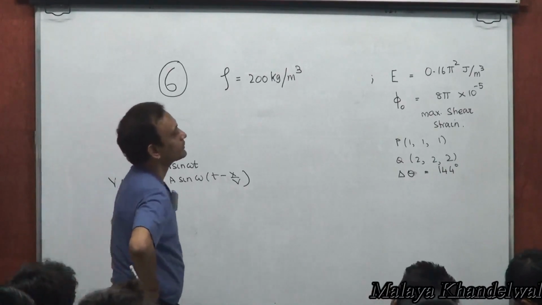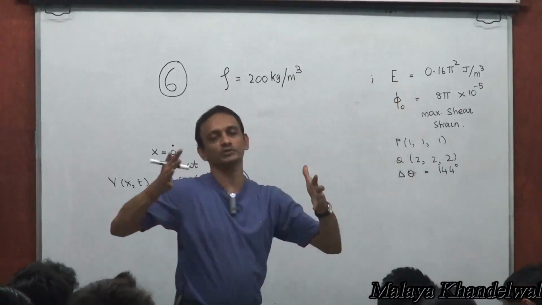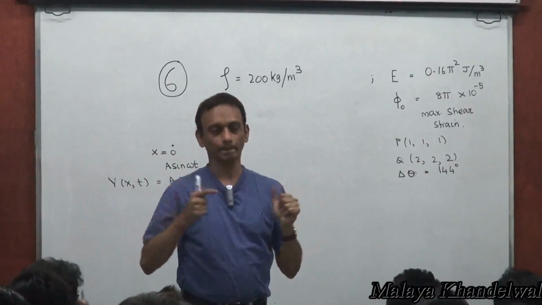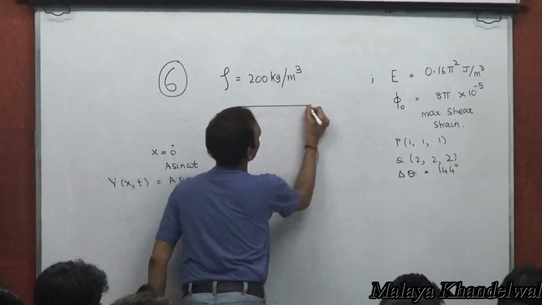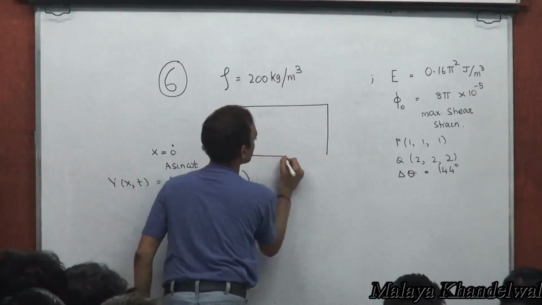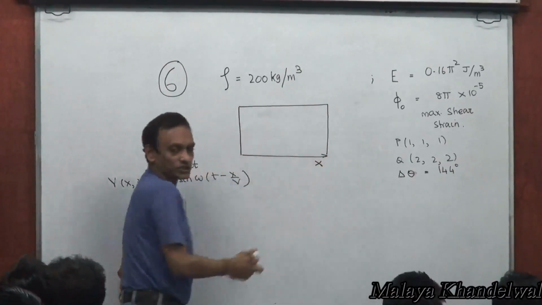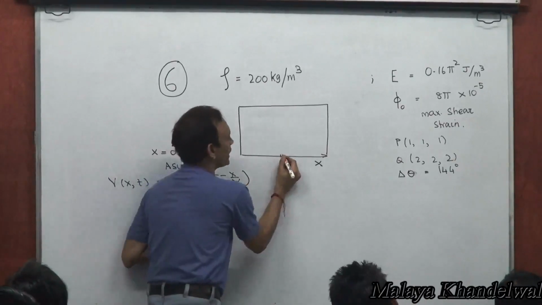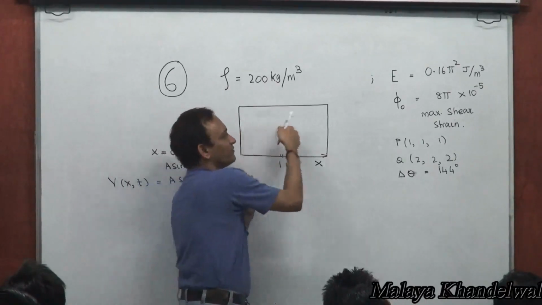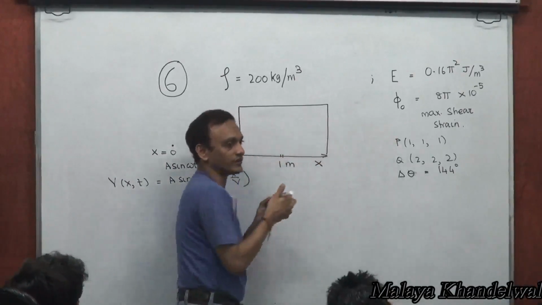Now, first of all, let's identify what this joules per cubic meter means. In a certain region, let's say this is the x direction, and say this is 1 meter length of the medium. The wave, the disturbance, is traveling in this direction.